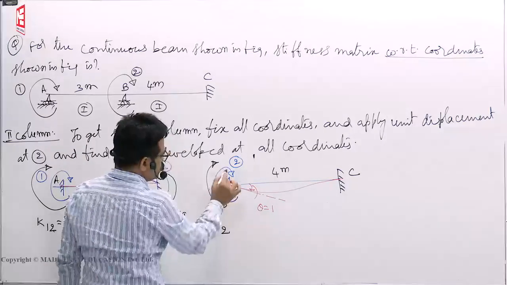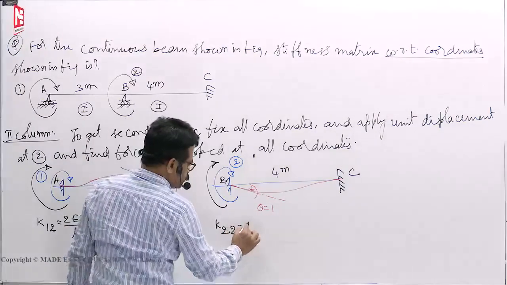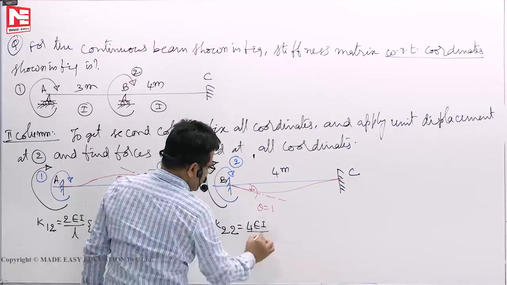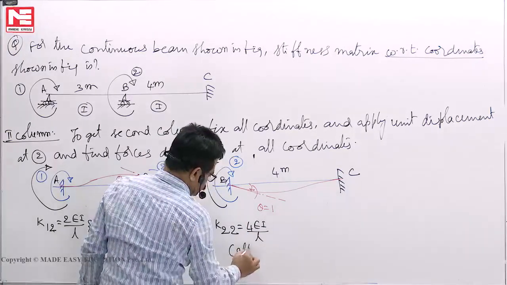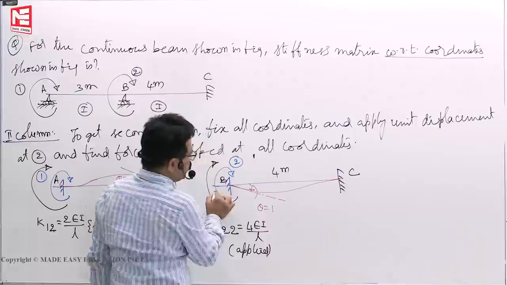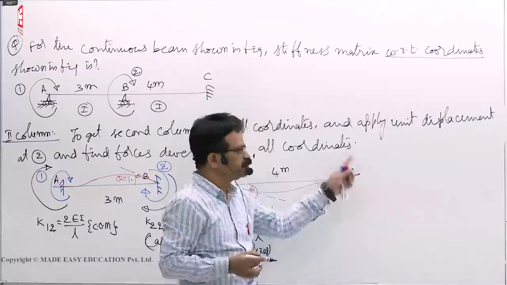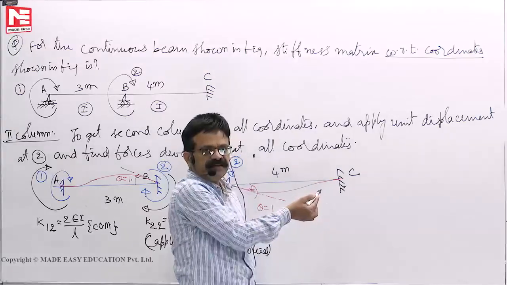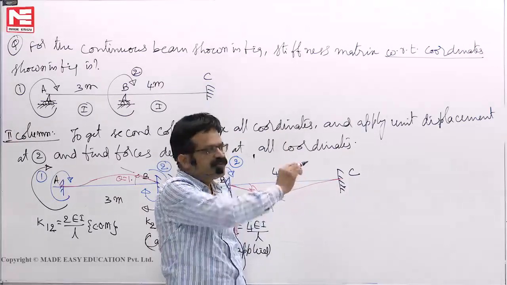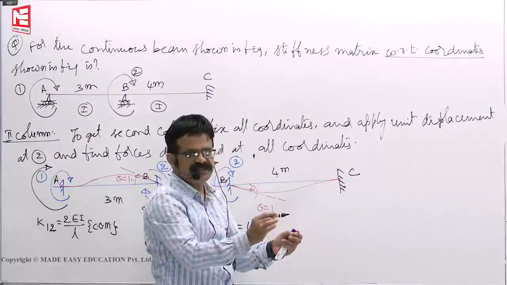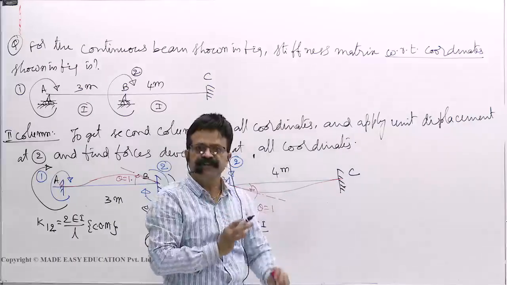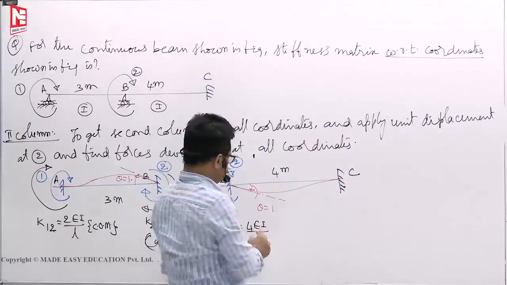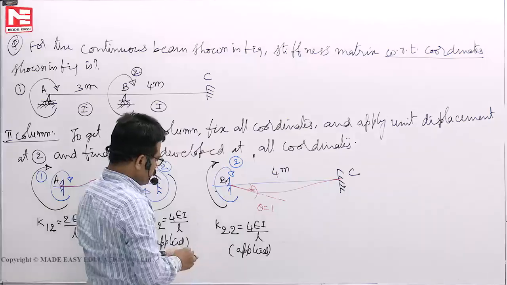Force at 2 because of the displacement also at 2, 4 EI by L applied. Because of this the carryover moment 2 EI by L will come, but you don't have to write it because there is no coordinate at all. Where there are no coordinates, there is no point in showing the forces because they will not come into our equations at all. So 4 EI by L.